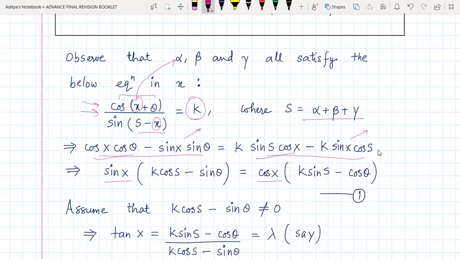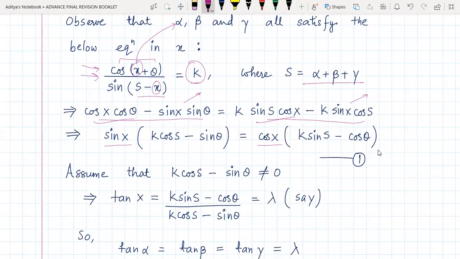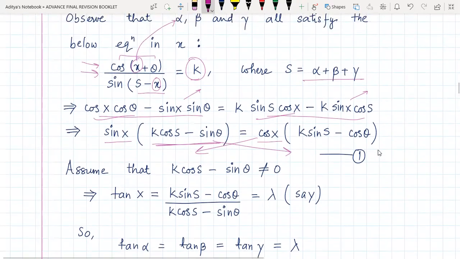Now let us assume that this quantity is non-zero. If it is non-zero, then we can divide by it. I have also divided by cos x. So we basically get tan x is equal to k sin s minus cos theta upon k cos s minus sin theta. Simple thing, we have just done division here, nothing else.